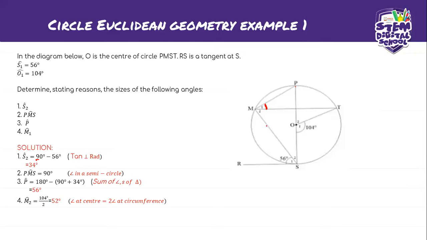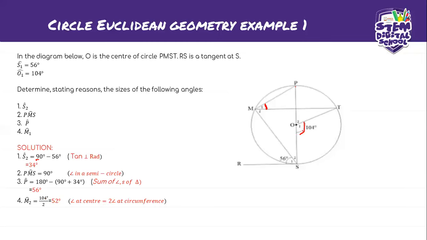And remember, we have determined the whole angle M, but this time they only need this portion here, which is angle M1. Then how do you calculate that? First, what I did, I said angle M2 equals 104 over 2 equals 52. Why? Angle at center is equal to 2 times angle at circumference. Now, which diagram am I referring to? This one.